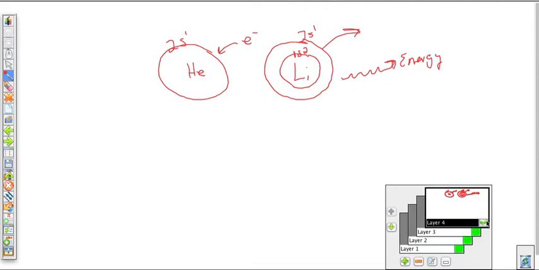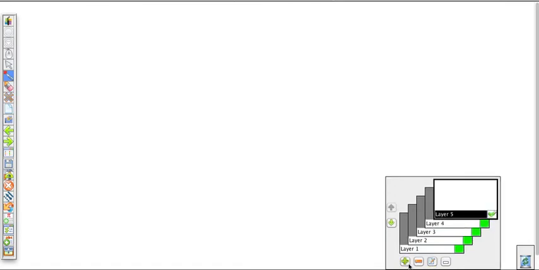The last one, and honestly probably the most important one, is the idea of electronegativity. So here's another periodic table for you. Electronegativity is the idea of how strongly an atom attracts electrons, and this is really coupled with ionization energy.